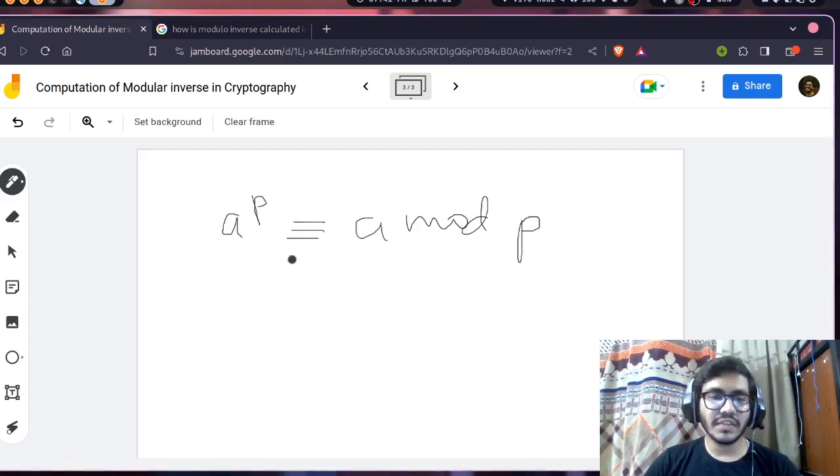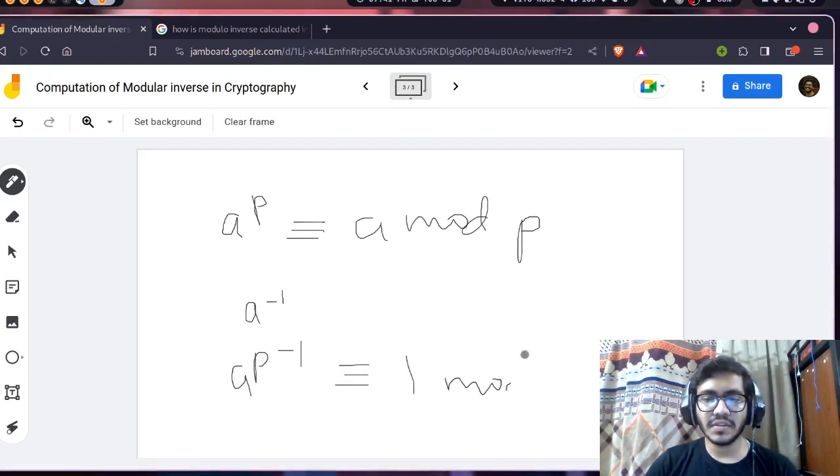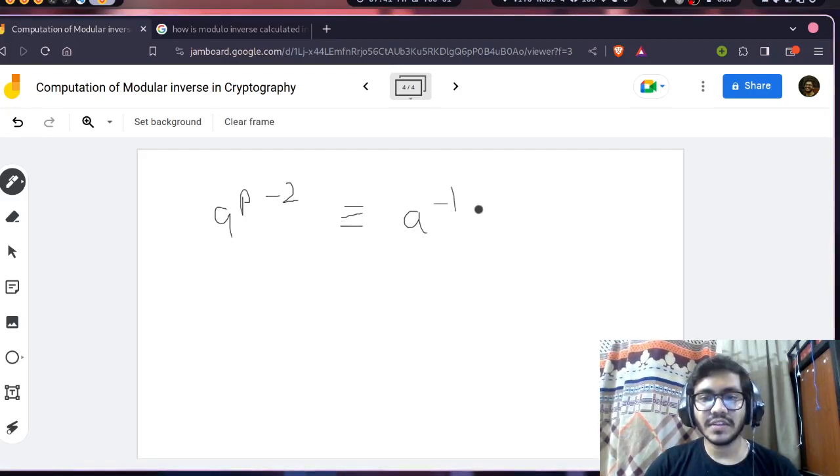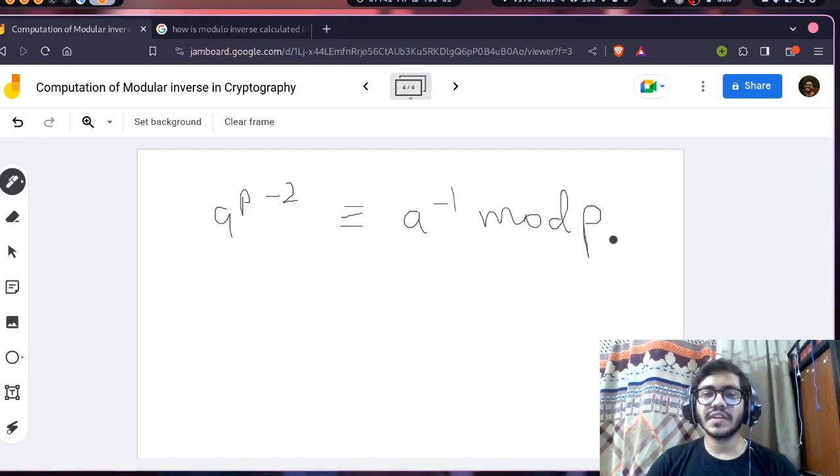Now, even this extension is very popular, where you have to multiply a inverse on both sides. So what you get is a raised to the power p minus 1 is 1 mod p. Right. Now if you try to do this again, you'll get a raised to the power p minus 2 is the modulo inverse of a under p. Right.